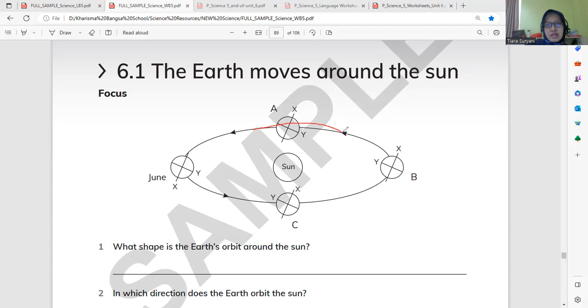So it's slightly, if this is the earth, sorry, it's not like that.